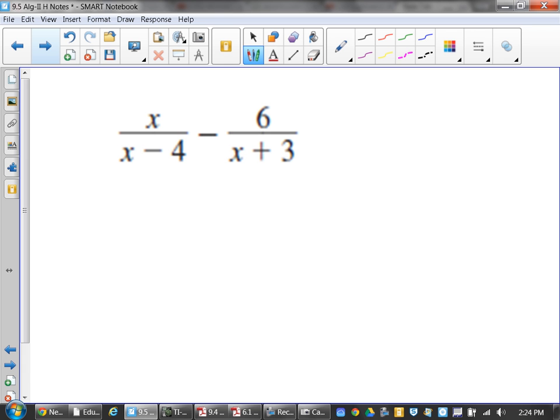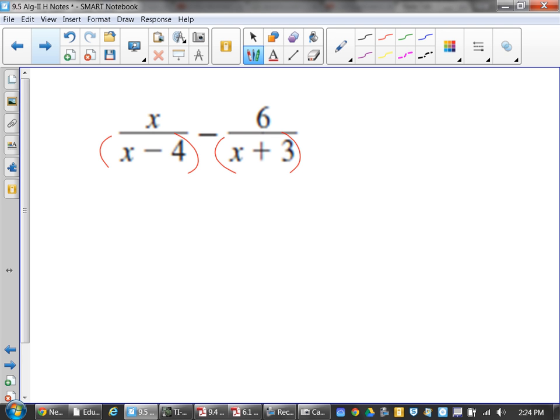Now, in this case, what's your common denominator going to be? That's all it is. Notice how there's plus signs in both denominators there? You can't break them apart to say that it's going to be 12 and x, because it's not a monomial.